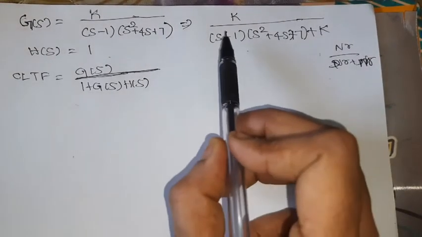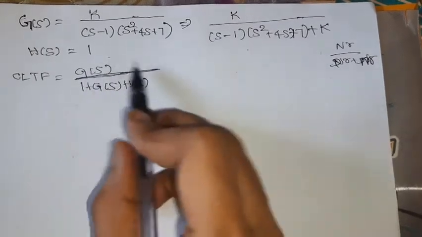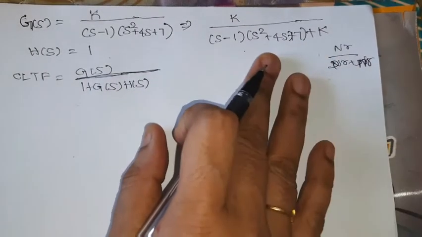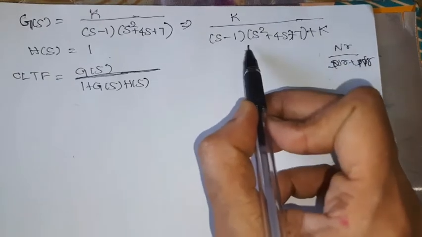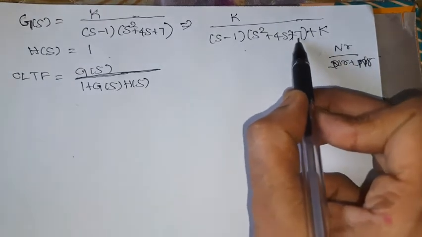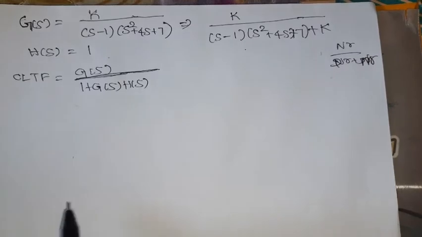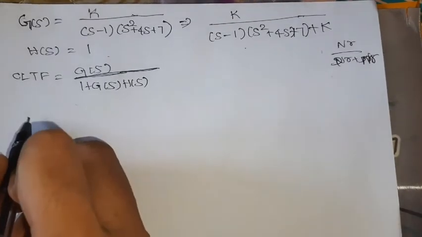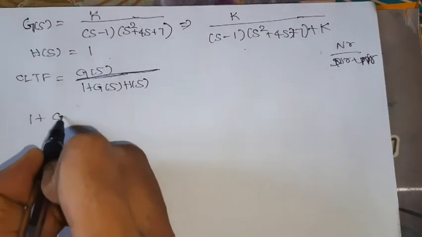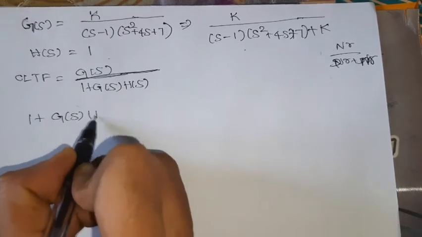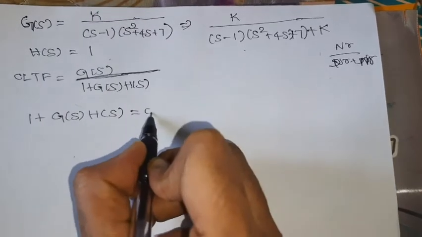When we apply this formula, we get K divided by (s minus 1) into (s squared plus 4s plus 7) plus K equal to 0. We know that the root locus lies on the real axis where 1 plus G of s into H of s is equal to 0.